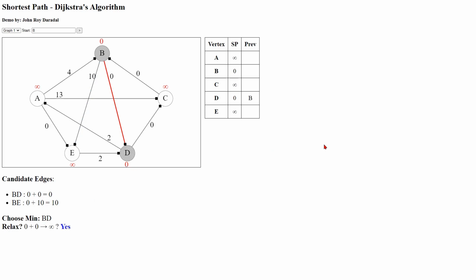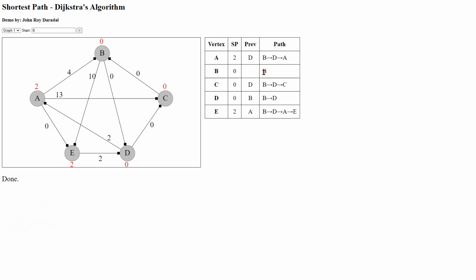Okay, and next candidate edges we have 3, and the minimum is DC also with 0. So we'll relax that one. And then next candidate edges we have only 2 now, and the minimum is DA, so we'll relax DA, A becomes 2. And then finally for this one there's 2 candidate edges, the minimum is AE, so we'll relax AE and E becomes 2.